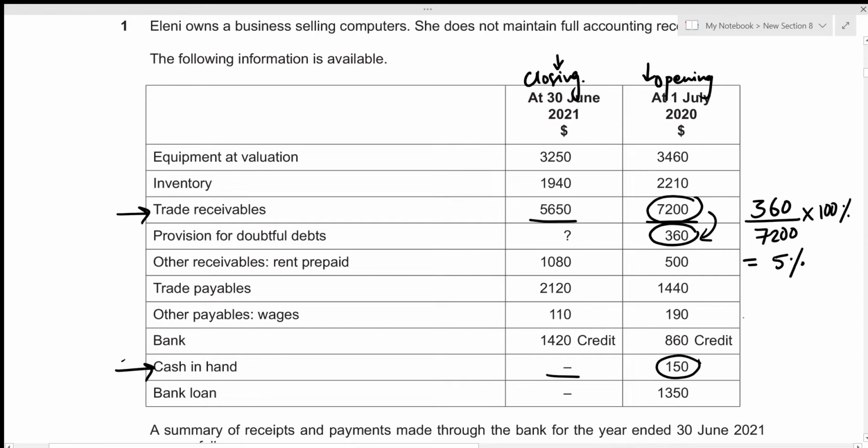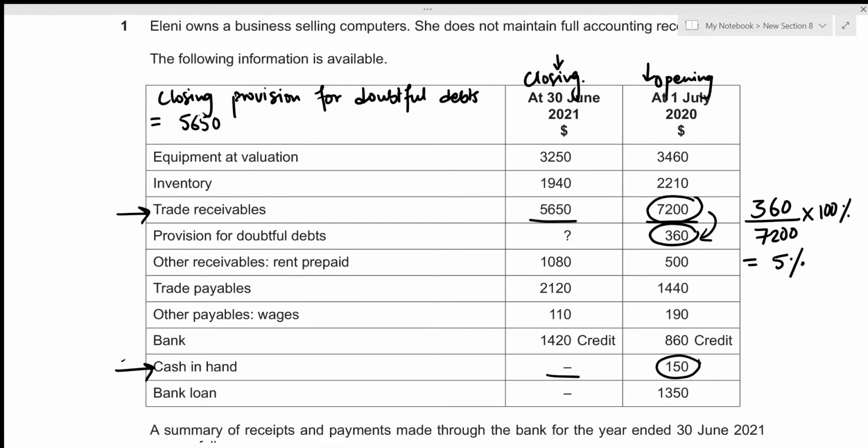Let's just figure out the closing provision as well. I'll write it right here. Closing provision for doubtful debts. Alright, so we have the trade receivables of 5,650. And closing provision is always maintained at the end of the year.